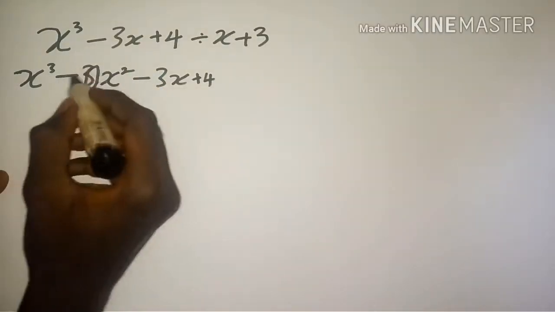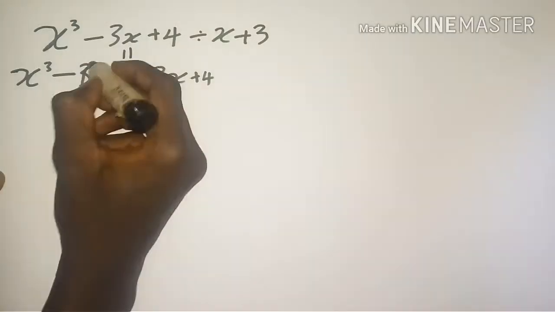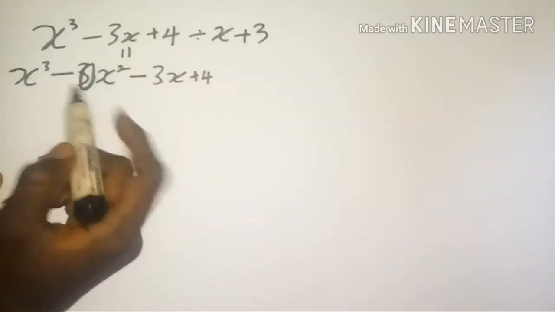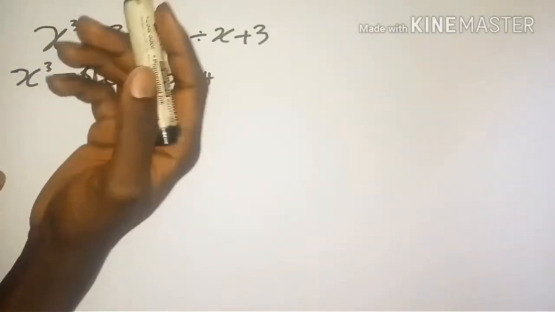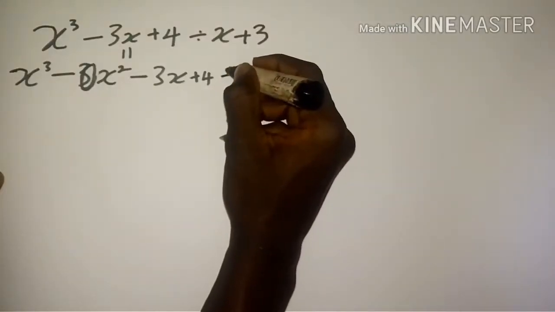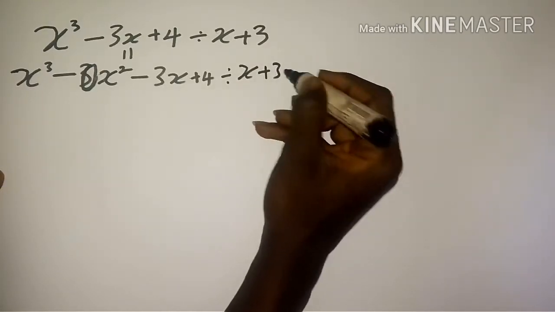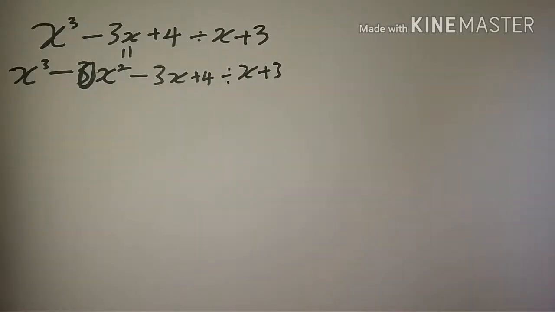This is equal to this; they are the same thing. When 0 multiplies x squared, it is still 0. I'm just rewriting it, divided by x plus 3.